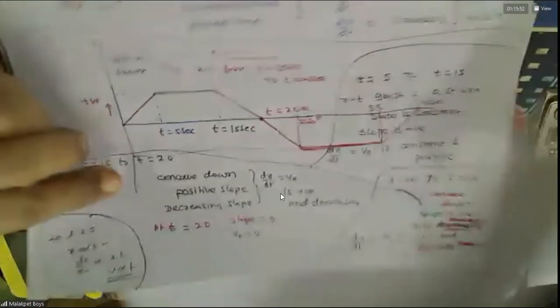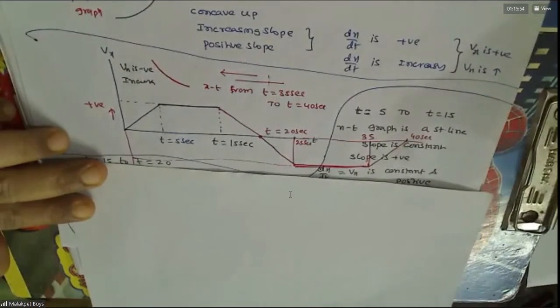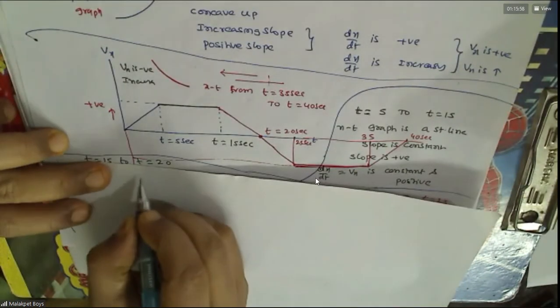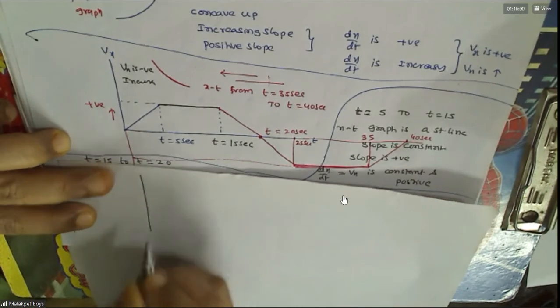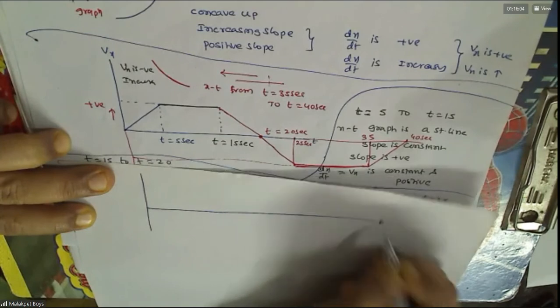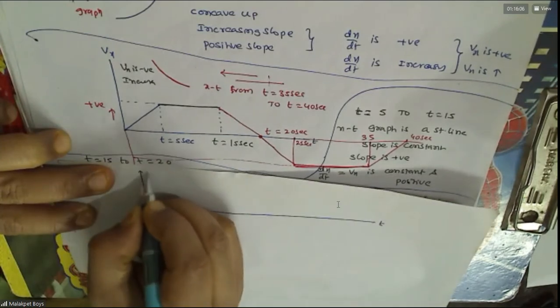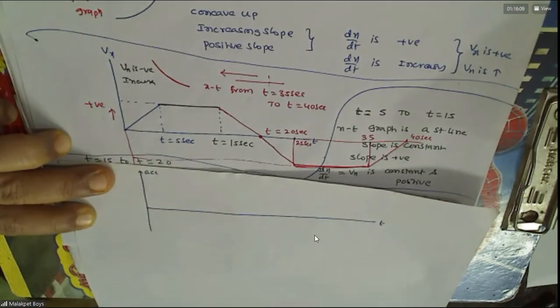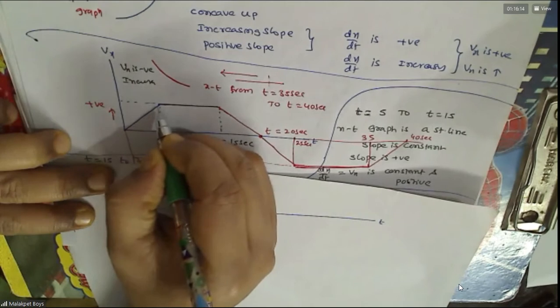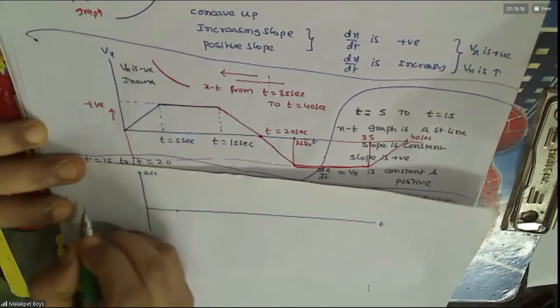Now try to draw the acceleration-time graph we need. This is the time t, this is the acceleration. Now velocity is constant, here slope is constant now.